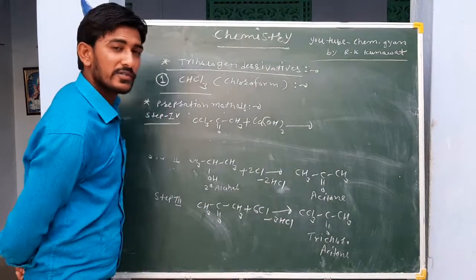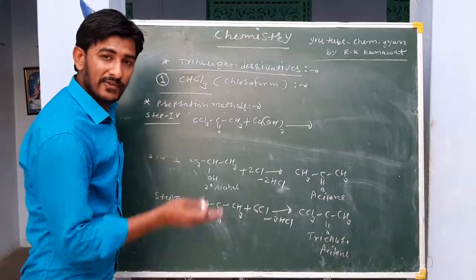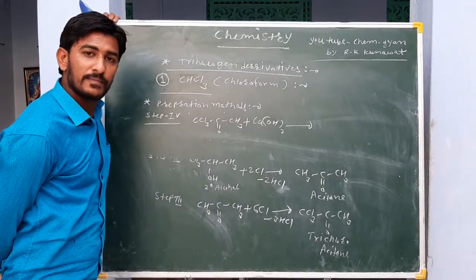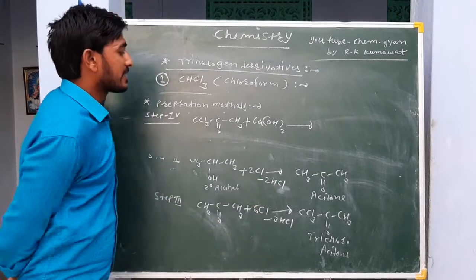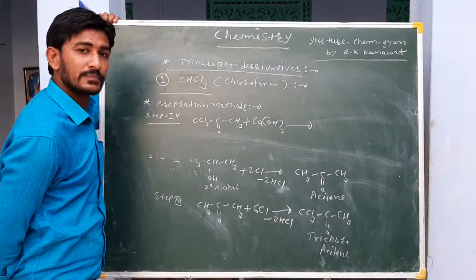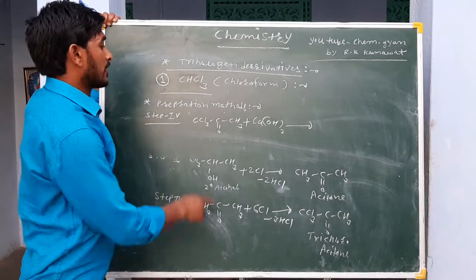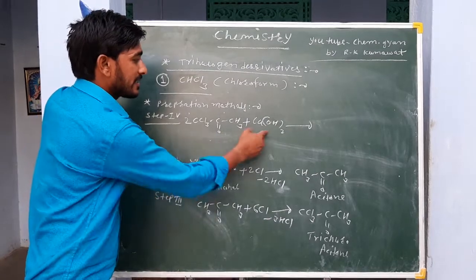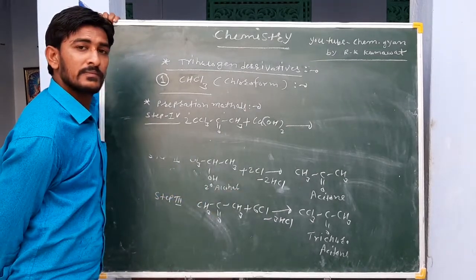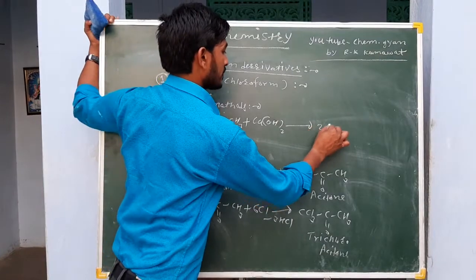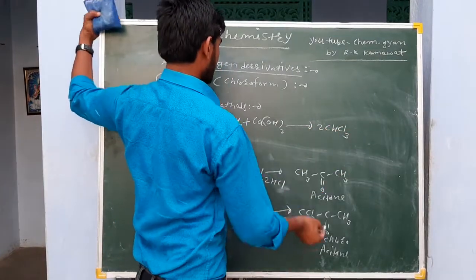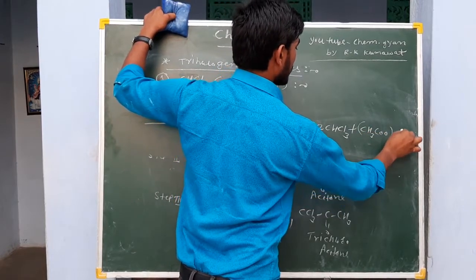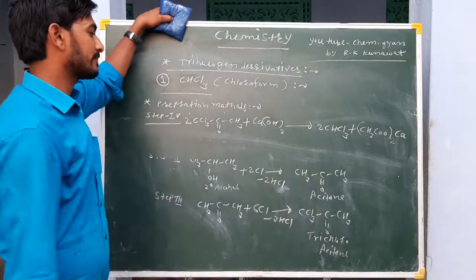We know that the calcium hydroxide molecule was formed in the first step and is used in step number 4. 2 molecules of trichloroacetone react with a calcium hydroxide molecule, and the products formed are 2 chloroform molecules and a calcium acetate molecule.